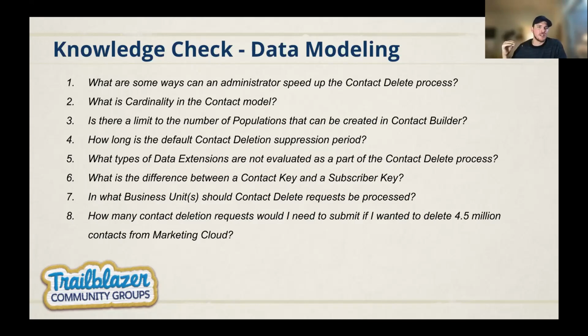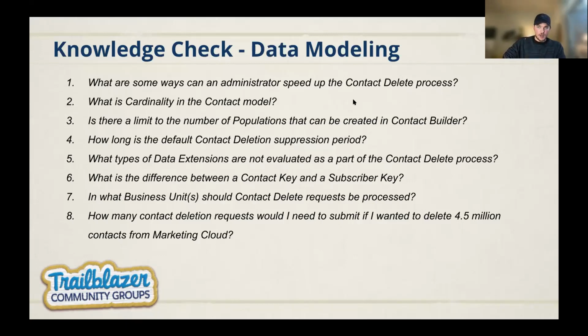And then to a lesser degree, there's no data, I don't think, on this, but to improve the performance and how fast that process will happen, if you have any sendable data extensions that you're no longer using, or some old ones from, let's say, 2015, 2016, et cetera, that you're not going to use in the future, you can delete those. Then as a part of the contact delete process, it won't have to search through those sendable data extensions. So you'll get a little bit of additional processing power if you delete sendable data extensions that are no longer being used.